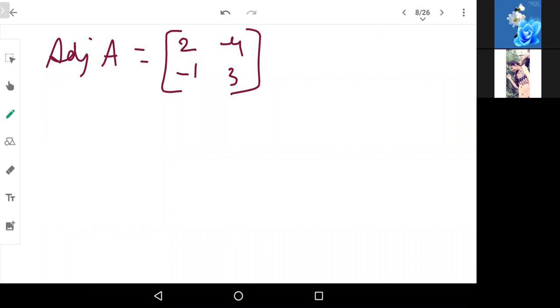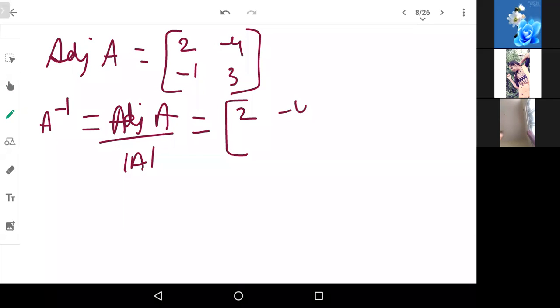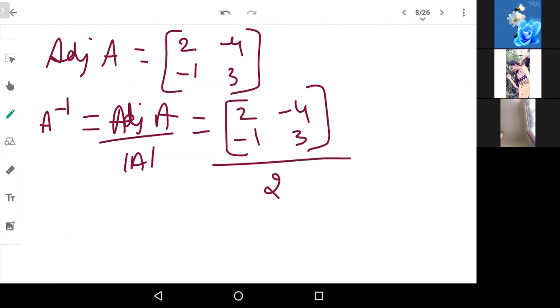Now finally we have adjoint of a matrix as well as determinant of a matrix. Now find out the inverse. A inverse is equal to adjoint A divided by determinant of A. Adjoint A is 2, -4, -1 and 3, divided by determinant of A, which was 2.